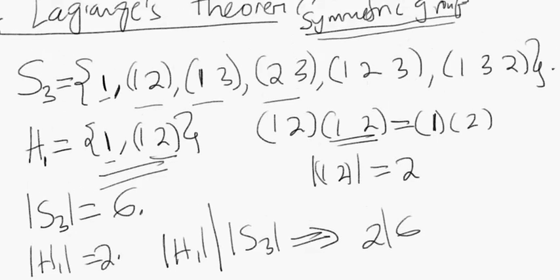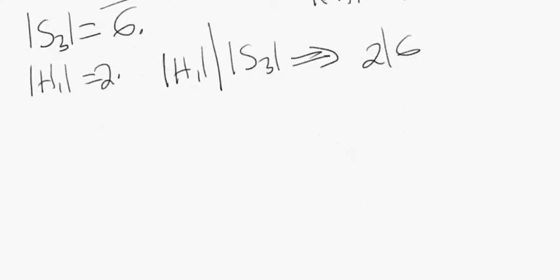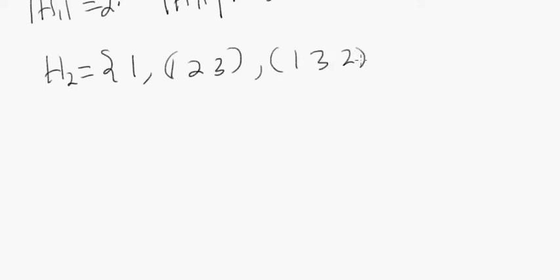Another thing we notice is that this is also a subgroup. We could think of another subgroup of S3 consisting of the identity, the element (1 2 3), and the element (1 3 2). How do we know this is a subgroup? Well, it has the identity. We need to check closure and inverses.